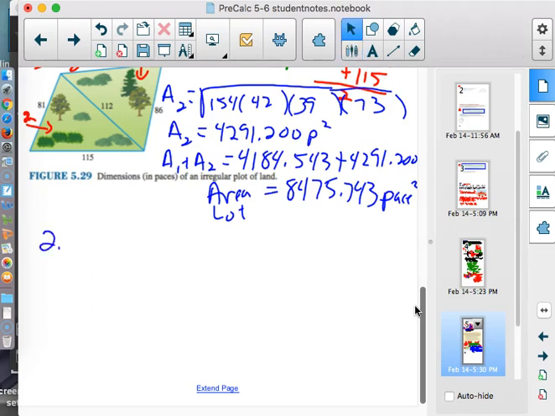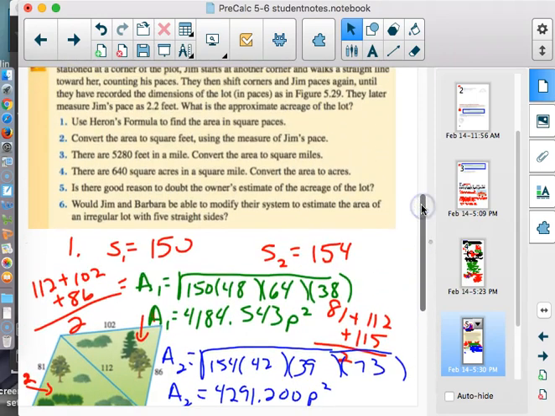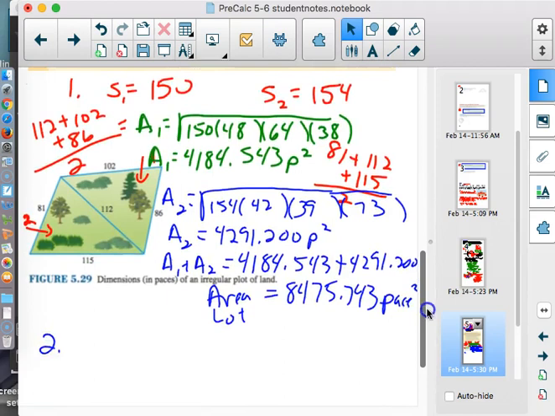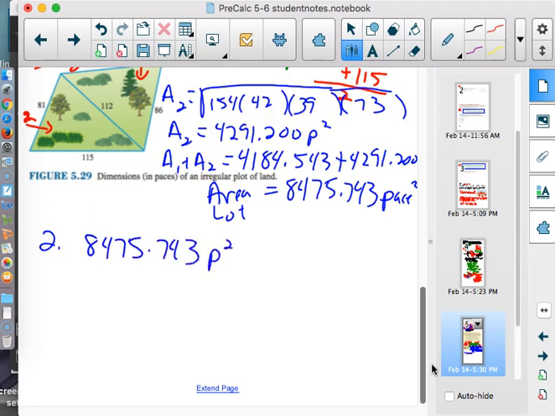Way back up here, number 2 says convert the area to square feet using the measure of Jim's paces. So right now we have 8,475.743 square paces for Jim, and they want us to convert this into square feet. So I think, what do I know about a foot and paces as far as Jim's feet go?